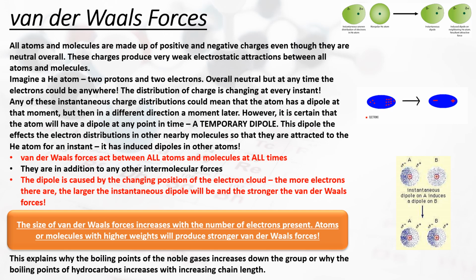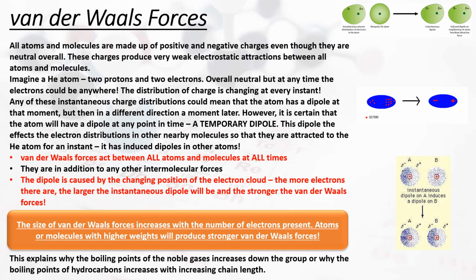It's always moving around. And so it can be said that an atom will have a dipole at any point in time, and this will be a temporary dipole. So not a permanent dipole like we saw for molecules like HCl or HF, where we have that genuine difference in electronegativity and therefore an overall dipole, a permanent dipole, a polar bond.